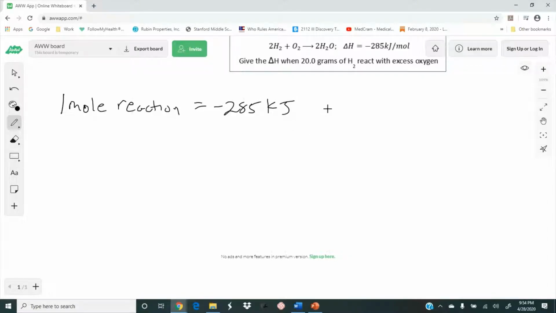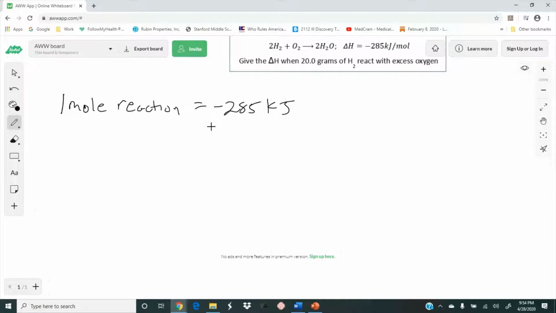What is 1 mole of reaction? It's when 2 moles of hydrogen react with 1 mole of oxygen to give you 2 moles of water. Whatever the coefficients are, that's how many moles of each substance react during 1 mole of reaction. So 1 mole of reaction gives off negative 285 kilojoules.